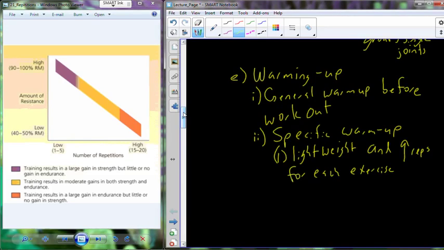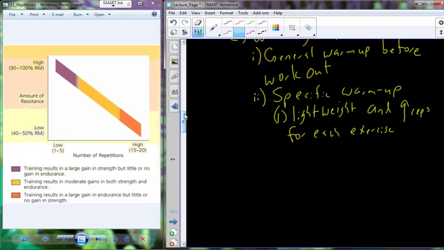And then you move on to something like a tricep press down. And you'll start out with very low weight on the tricep press down. It might be just a couple plates, maybe 10 to 20 pounds. You do your tricep press down, and then you do your sets and reps of the higher weight, and you proceed through the workout with a specific warm-up before each of the specific tasks that you are going to perform.